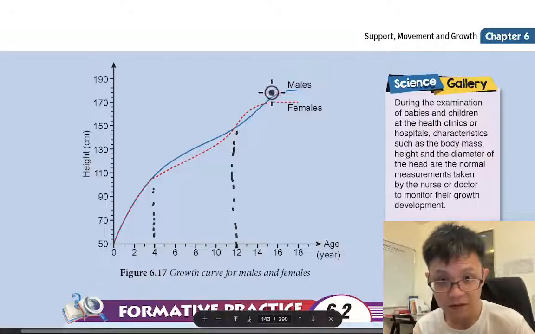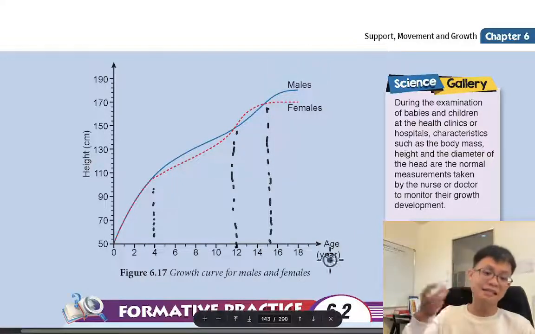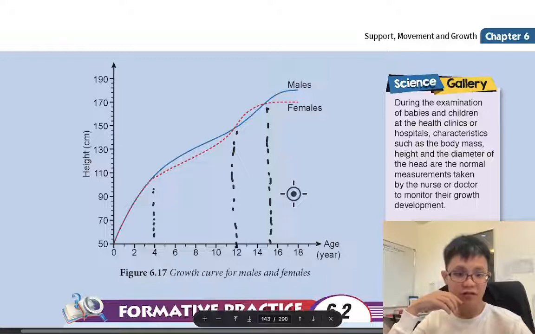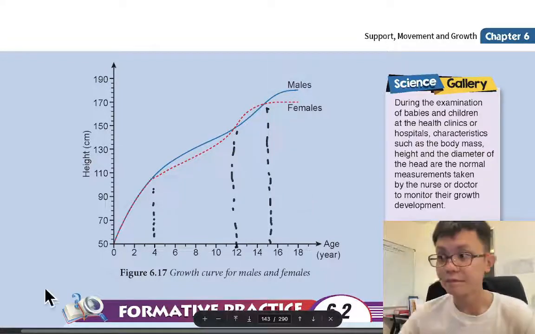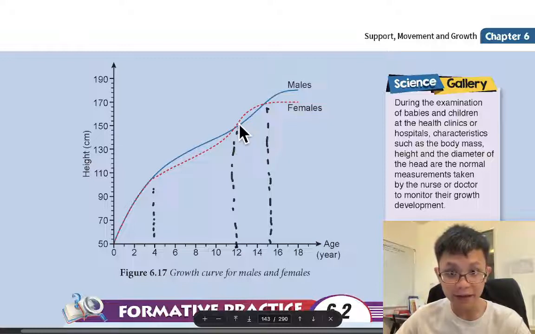Is it here? Something like that lah. The exam will help you to draw the line, so don't worry. Okay, let's say this comes out in the exam. The exam asks, at what stage will female be taller than male? Okay, so from here we can see that female will be taller than male at this age.